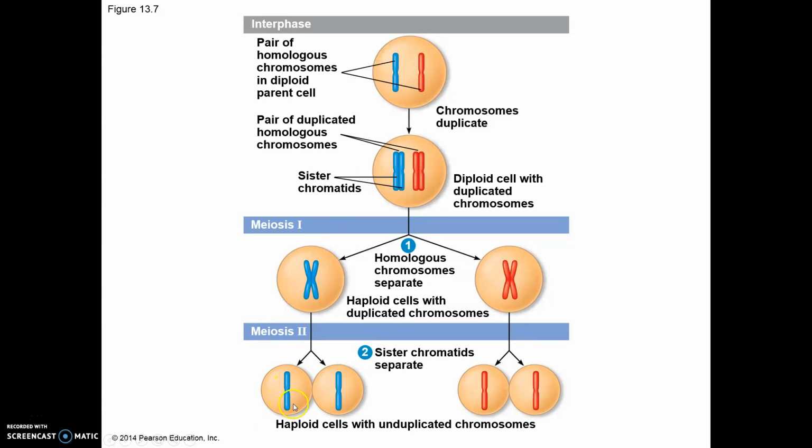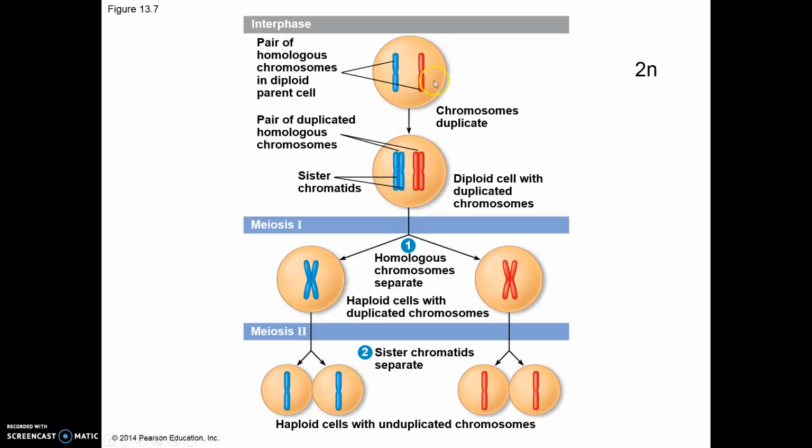In this cell, we only have 1 copy of chromosome 1 from dad, and here we have a cell that has 1 copy of chromosome 1 from mom. Right? So now we have 4 cells and they have half the amount of DNA.